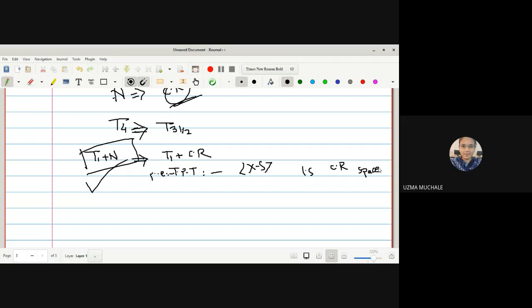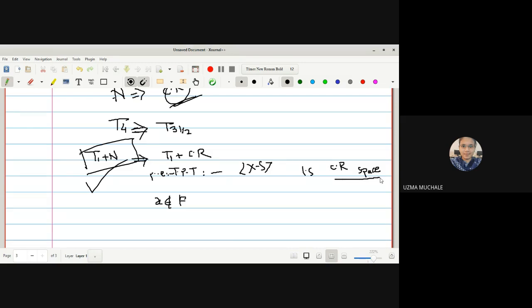So we can say that what is to be proved is that X is completely regular. To prove any space to be completely regular, from where do we have to start? We have to start with the assumption that F is a closed set which does not contain the point x. If I have found one closed set which does not contain the point x, and we want to prove it is completely regular, what is our aim?